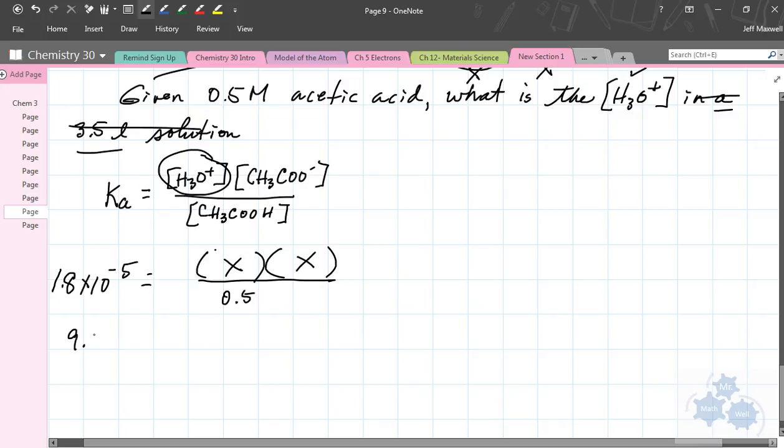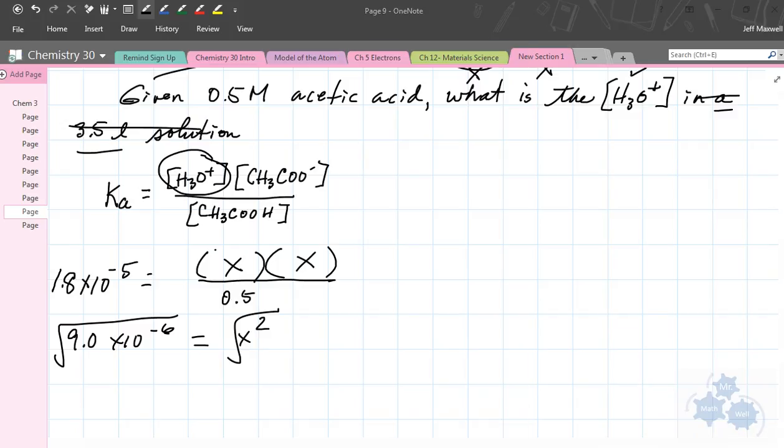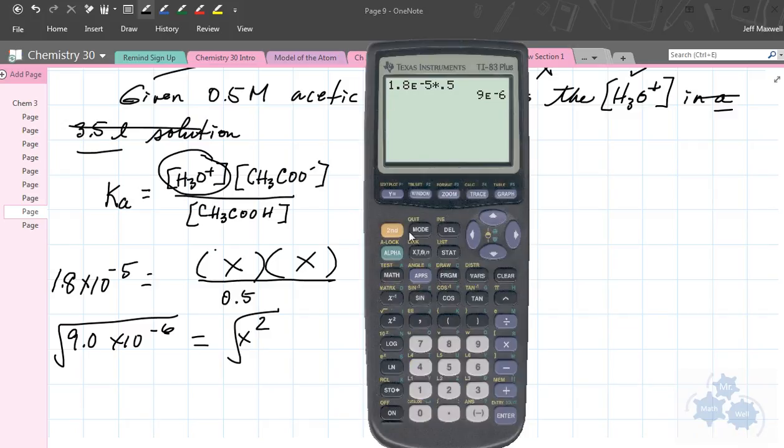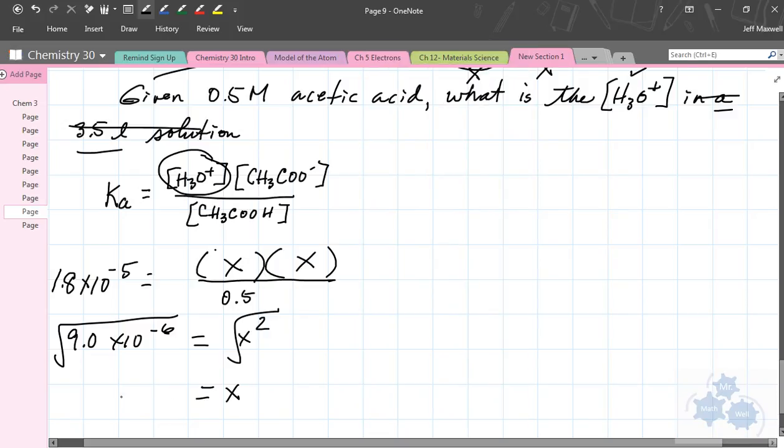Okay, 9.0 times 10 to the negative 6 equals x squared. Now you take the square root, and then you don't have to worry about this denominator here. How many of you did this, looking just like that? So you get an x value of 0.003. How's that look? What's the unit here on 0.003?